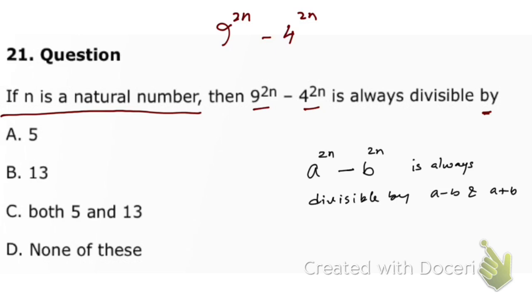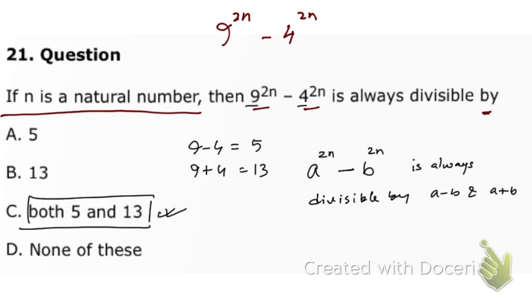So here instead of a and b we have 9 and 4. So 9 minus 4 and 9 plus 4. 9 minus 4 is 5, 9 plus 4 is 13. So which option is correct? Both 5 and 13. So option C is correct, right? Now let's move on to the next question.